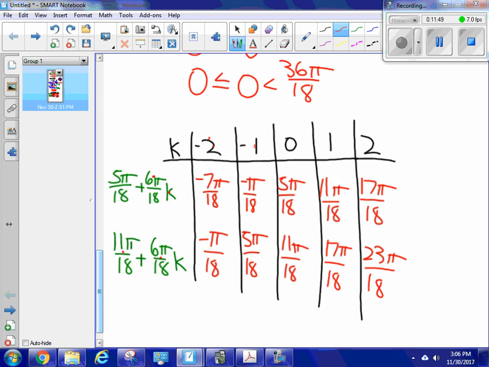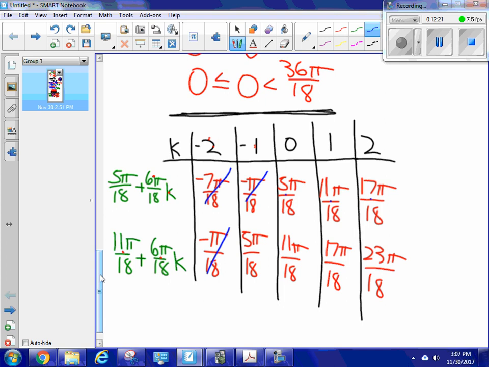So I've got a whole bunch of numbers written down here, but I know that they have to all be between 0 and 36 pi over 18. So that eliminates, let's use a different color here, all of these negative ones. 5 pi over 18 is between 0 and 36. 11 pi over 18 is between 0 and 36 pi over 18. 17 pi is between 36.